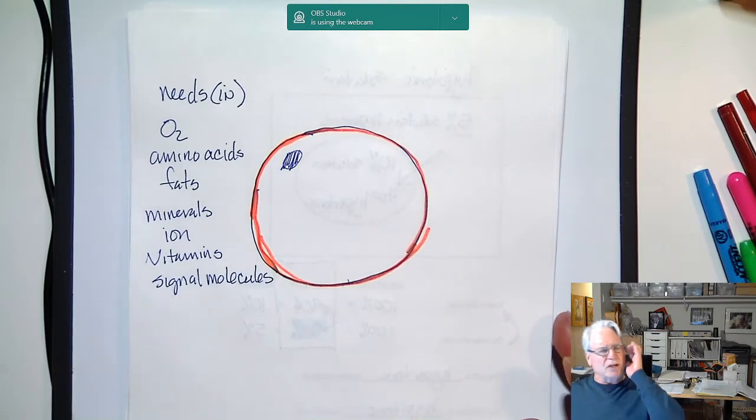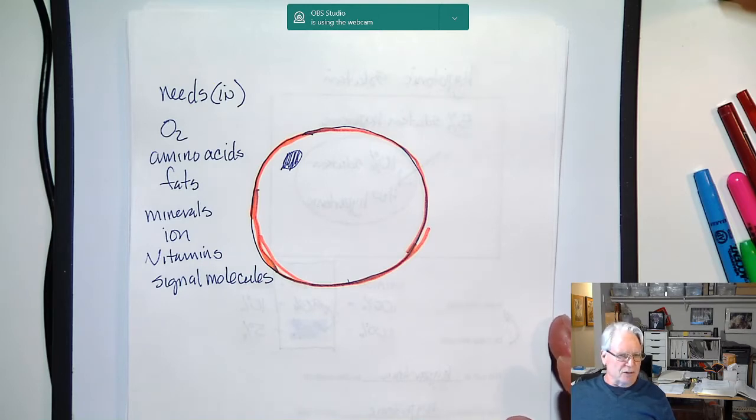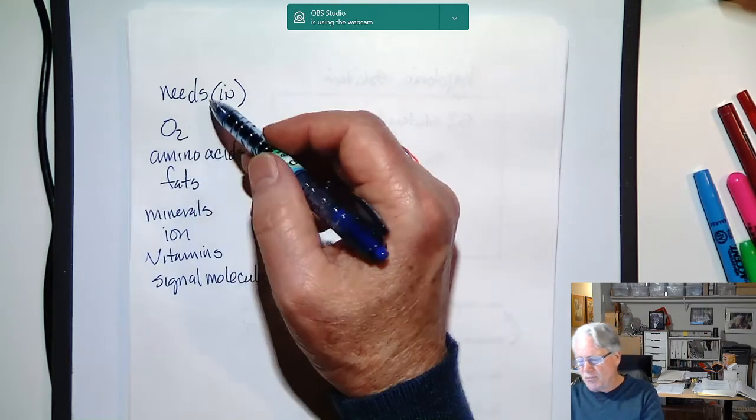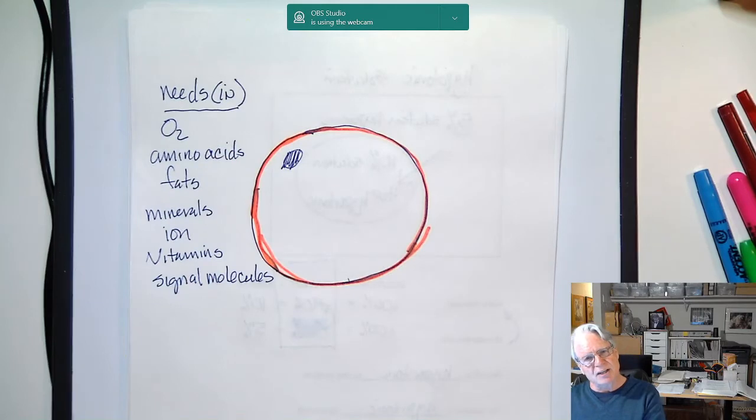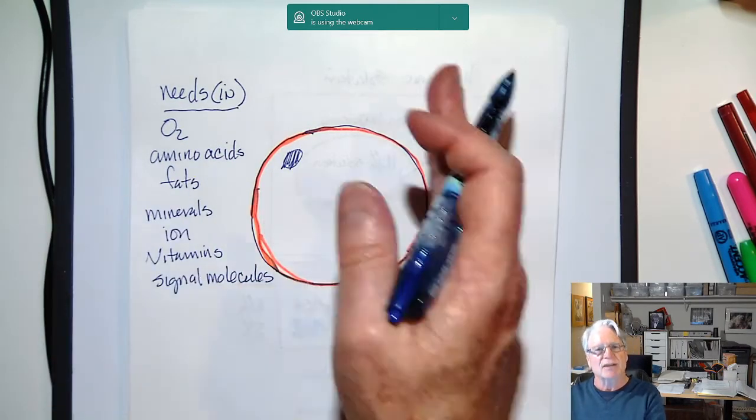There needs to be coordination within your body. And one of the key ways in which that happens is certain cells produce what we call signaling molecules. They could be hormones, for example, which cause the change in behavior of other cells. And until that signal is received, that cell doesn't know what to do. So it's part of what is needed by this cell, going into the cell. If these things happen, if they are available, the cell is happy.